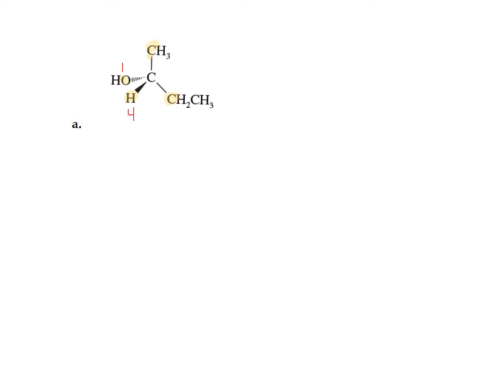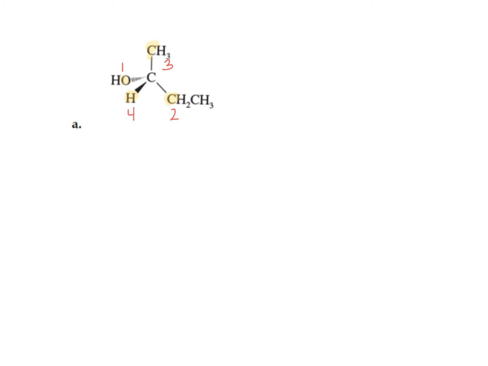However, the 2 carbons I can't really compare just by looking carbon to carbon. So I'm going to go to the next atom out. For this top group, the next atom out would be a hydrogen. For this next group, this carbon has 2 hydrogens, but it also has another carbon. So that next atom out would win. So my group number 2 is going to be this one, and my group number 3 is going to be this one.